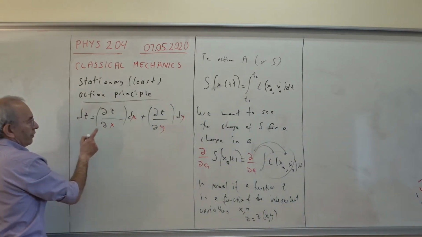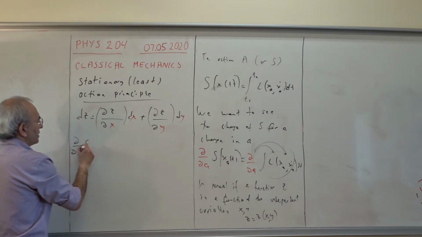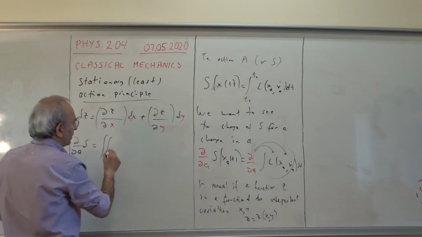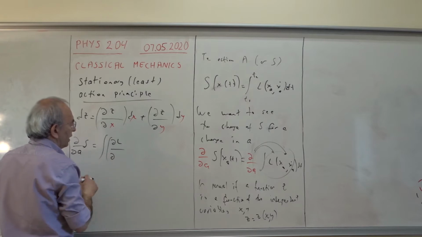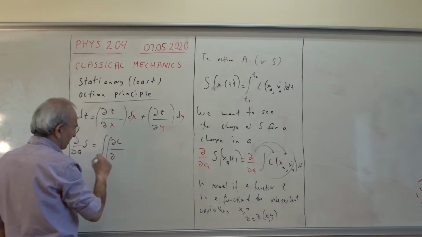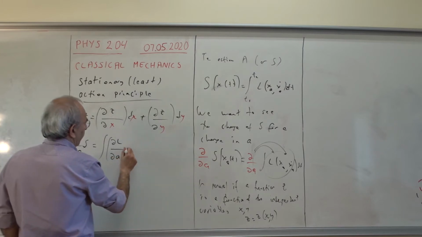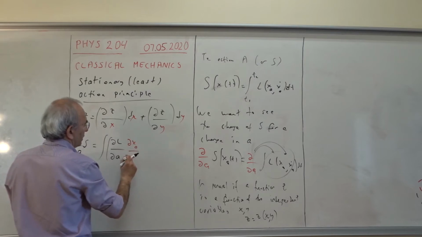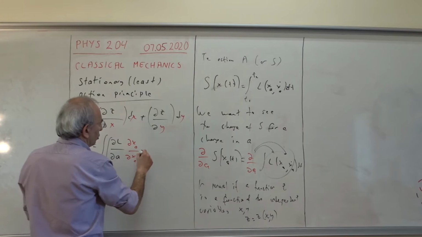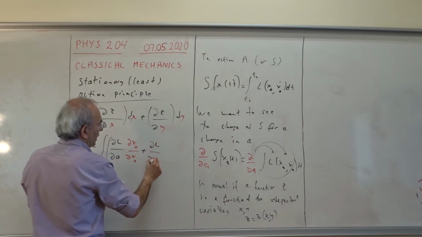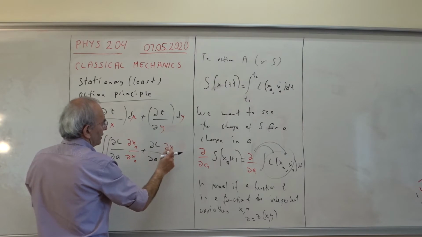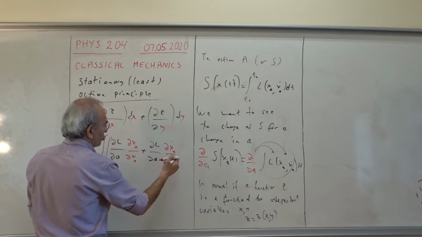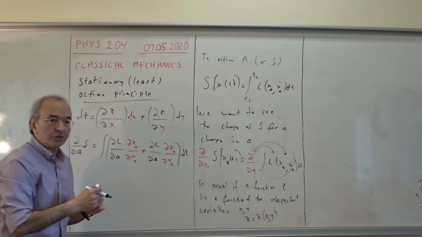So that this del by del a of S, let me simply write S, is an integral where we have one term del L by del x_a multiplied by del x_a by del a, and also del L by del x_a dot multiplied by del x_a dot by del a, all multiplied by the small time increment dt.